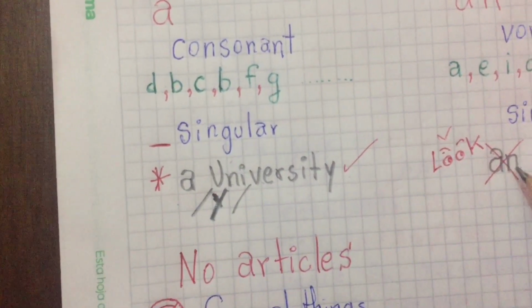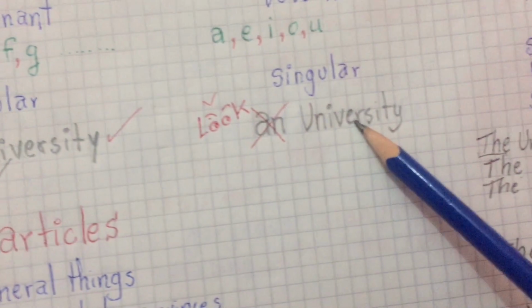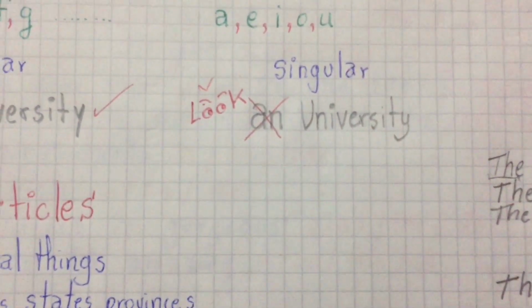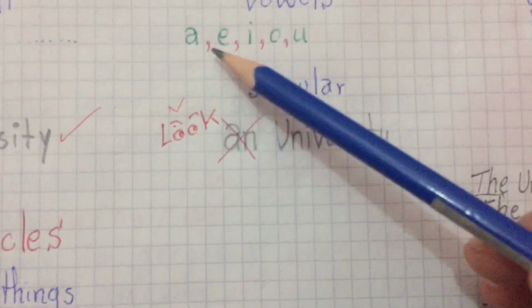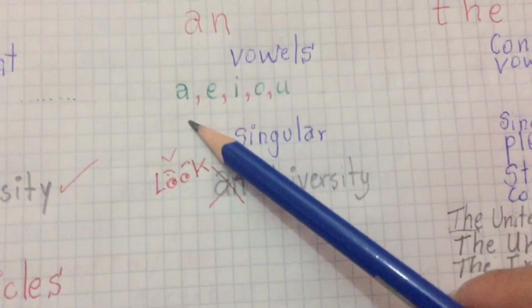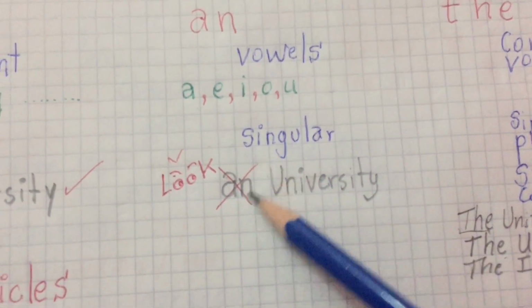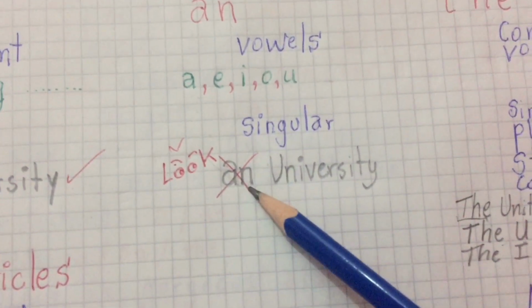You never use an university. Why? Because it doesn't have a vowel sound, so you can't use an university.